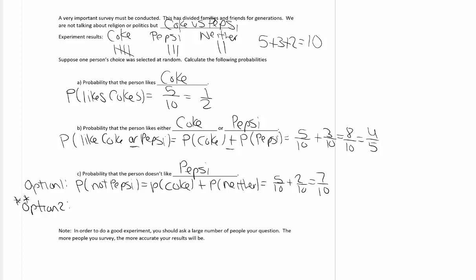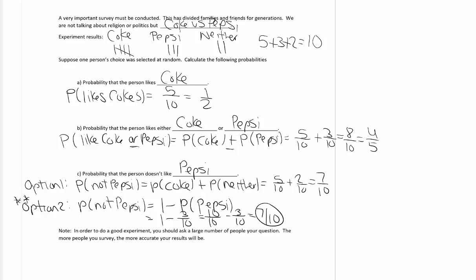Okay, so the probability of not Pepsi can also be written as 1 minus the probability of somebody liking Pepsi. Well, how would that work? That's 1 minus. The probability of people liking Pepsi is 3/10 in this case. I can write 1 as 10 over 10 minus 3/10.